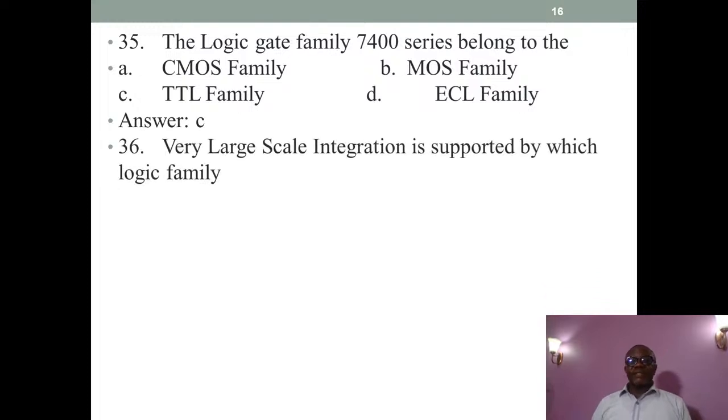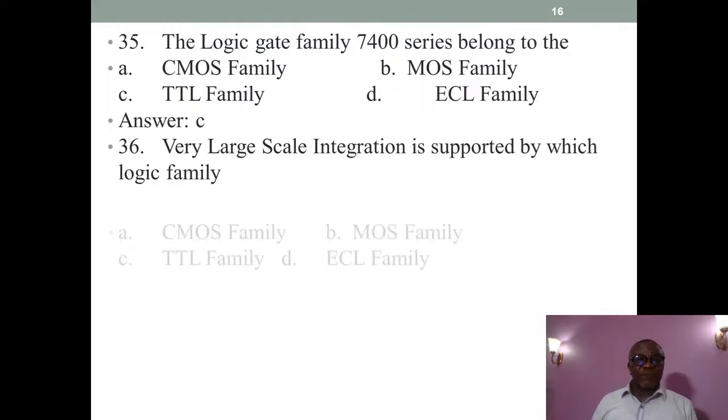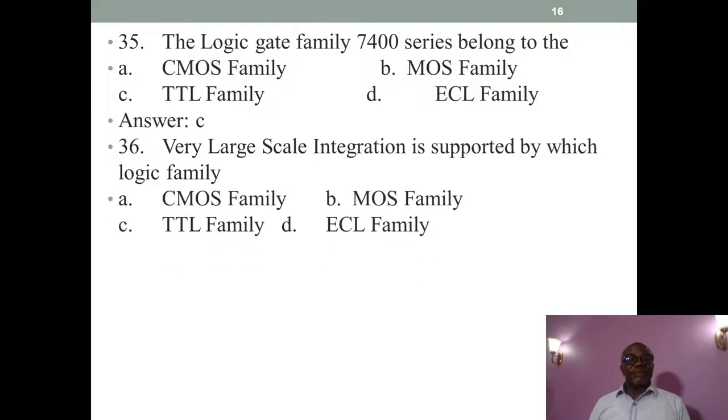Then 36, very large scale integration is supported by which logic family? Is it the CMOS family? Is it the MOS family? Is it the TTL? Is it the ECL? We say that the VLSI family is supported by the MOS family.